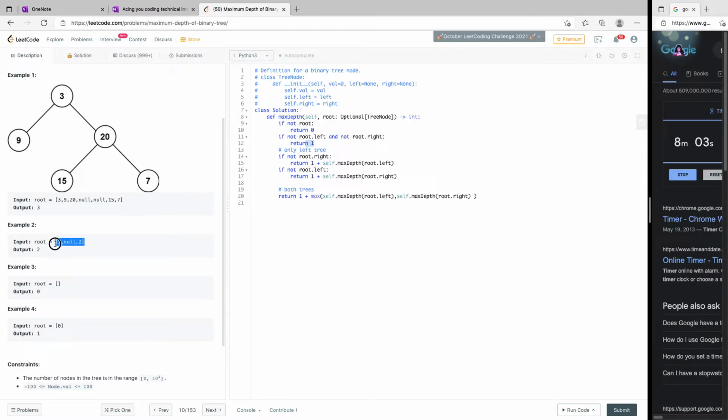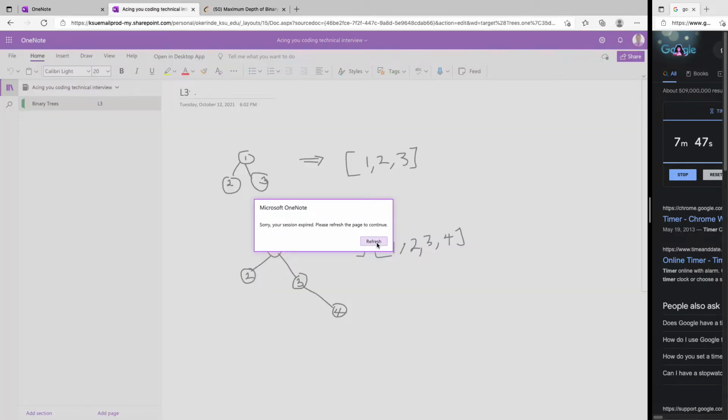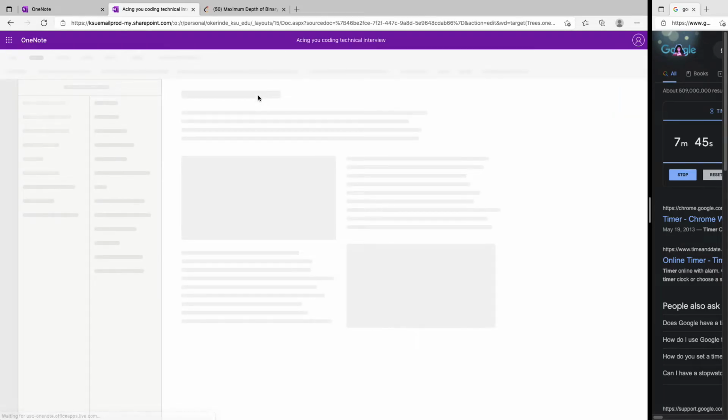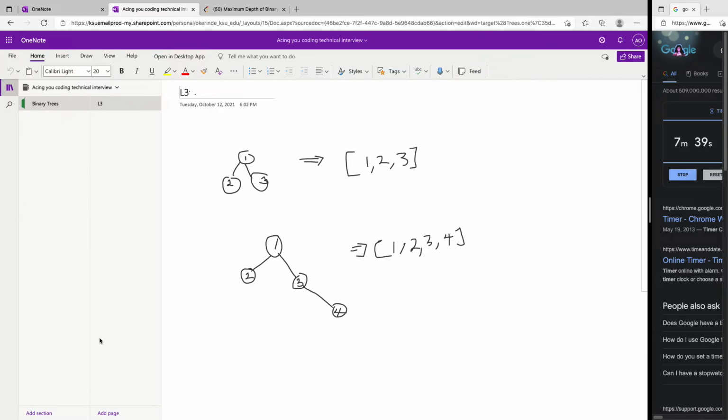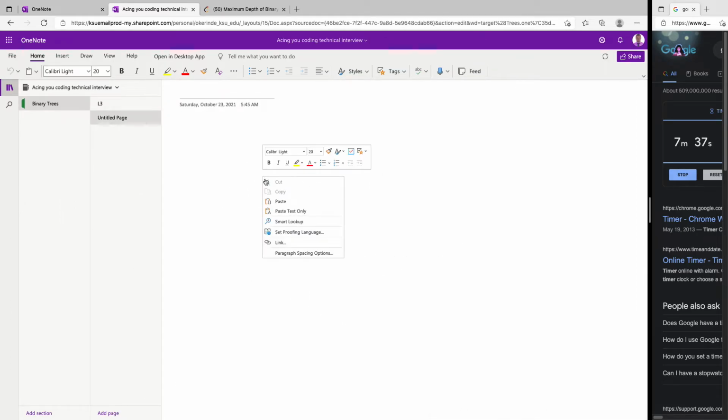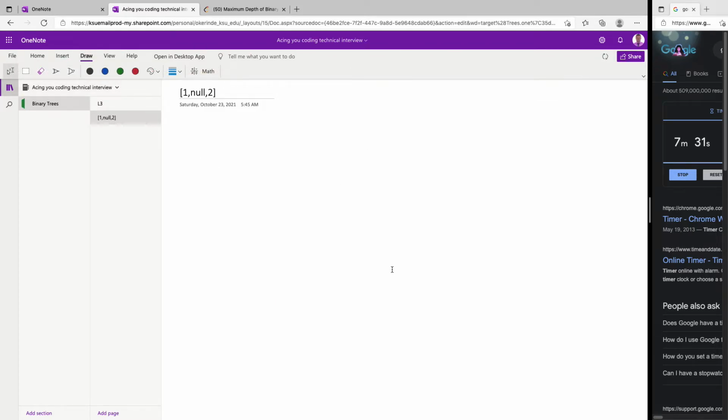Let's see this case. To draw that case: 1, null, 2.